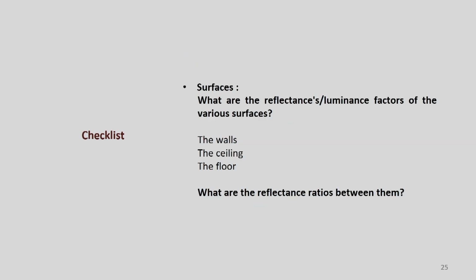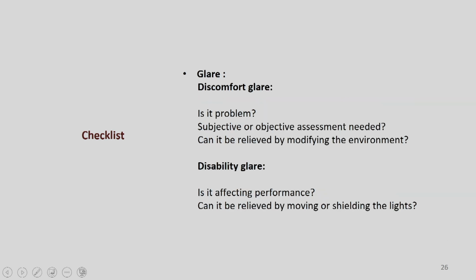If it is about a surface, then let us understand whether it is about the wall, ceiling or floor. What are the reflectance ratios between all these? Am I going to answer all this? These are the checklist you can follow. Now, if we are talking about glare, is it a discomfort glare or is it a disability glare? If it is a discomfort glare, is it a problem or is it something else?